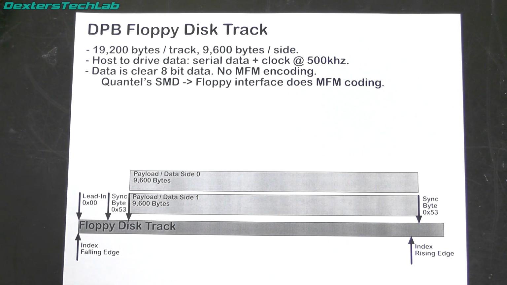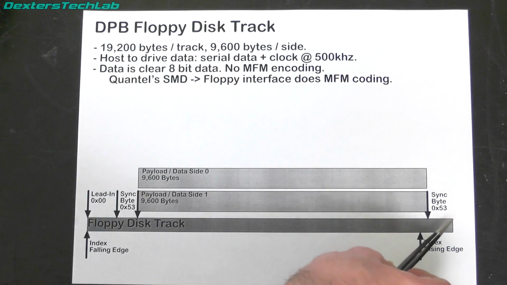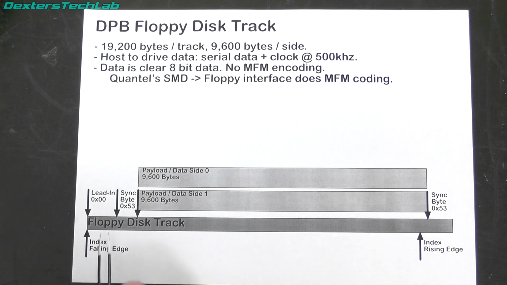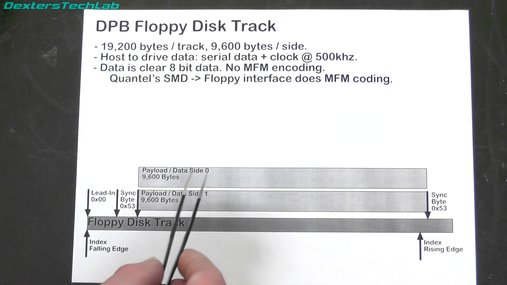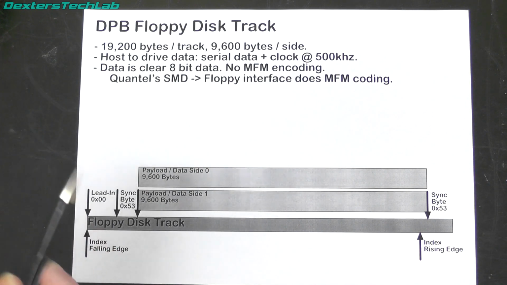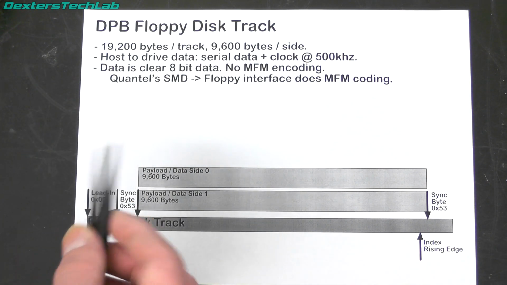So if we actually have a look at how a track might be laid out, this is a flat representation of the entire track. So this would be the start, and that would be the end, and then that would wrap round as the disk rotates. At the falling edge of the index pulse, there will be a period of zeros written. Now this is written in clear data, so by the time this is actually MFM encoded, those zeros become 10, 10, 10, 10.